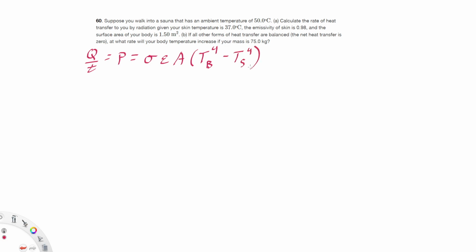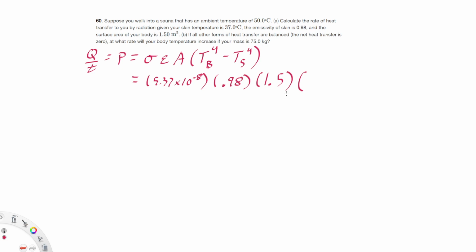Okay. So this is the Stefan-Boltzmann law from the previous slide. The Stefan-Boltzmann constant is 5.67 times 10 to the minus 8. Emissivity is quite high. Surface area of our bodies. And the difference in temperatures.